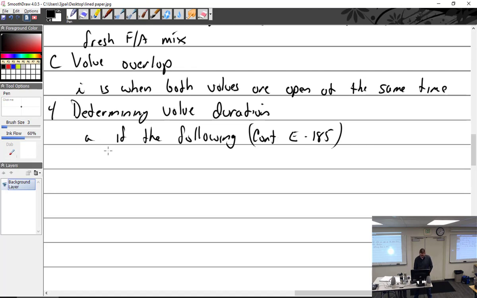So we will say the IO, what's the IO going to stand for? Intake opens, in this case. The intake opens 15 degrees before top dead center. The exhaust opens 55 degrees before bottom dead center.